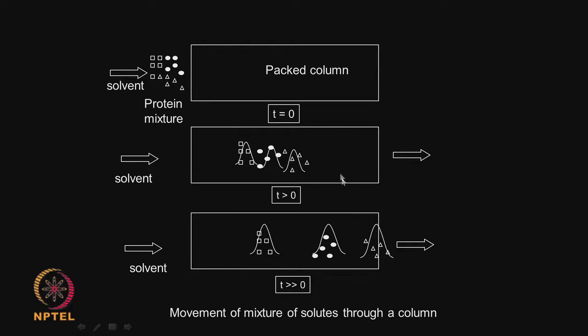As time increases they get separated more and more as they travel. So, the concentration of any one solute varies as a function of length as well as a function of time.